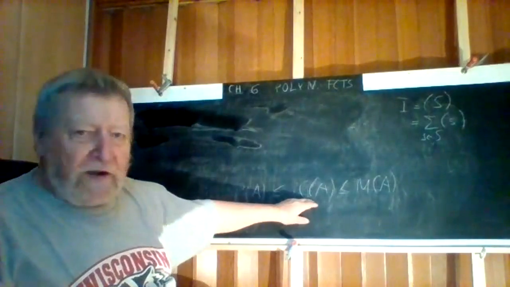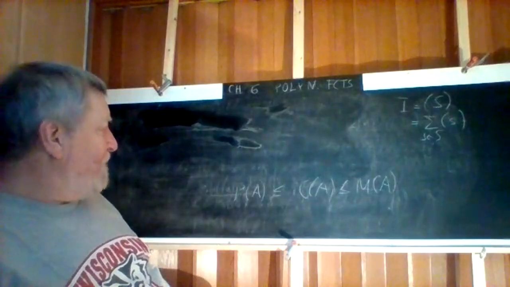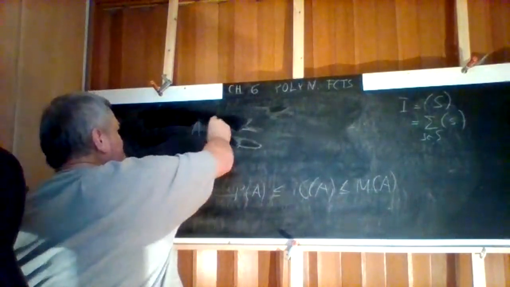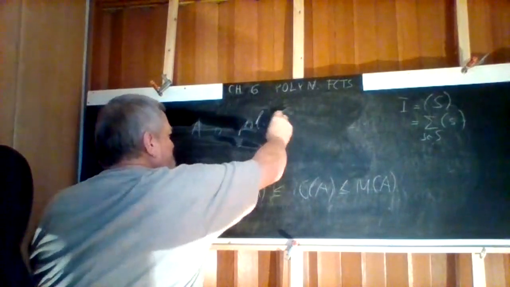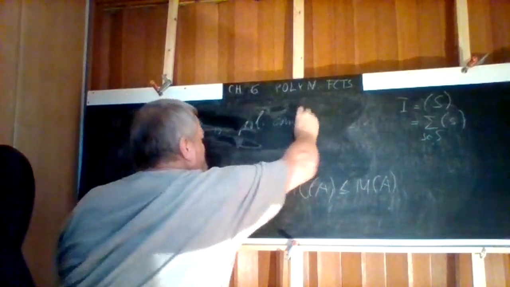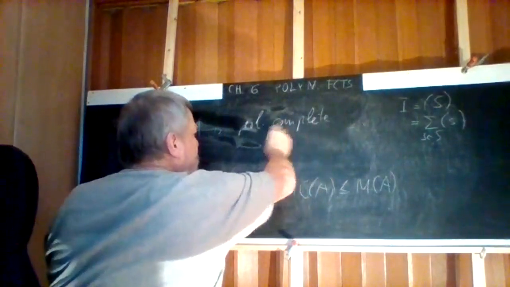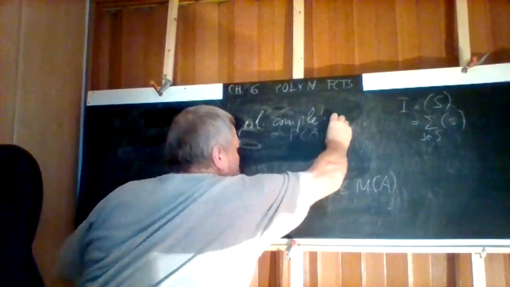And then C of A is also clear. It's also M of A. And we call this case that A is polynomially complete if P of A is the same as M of A.